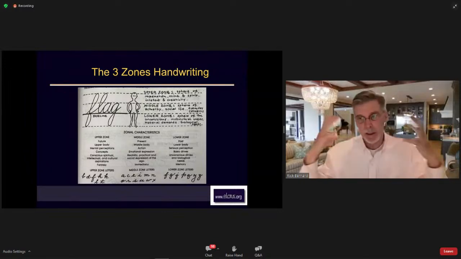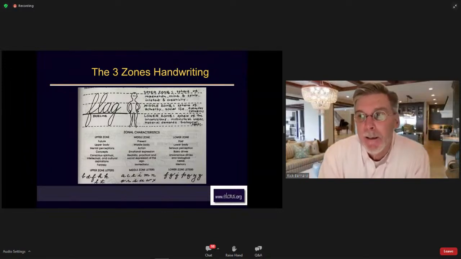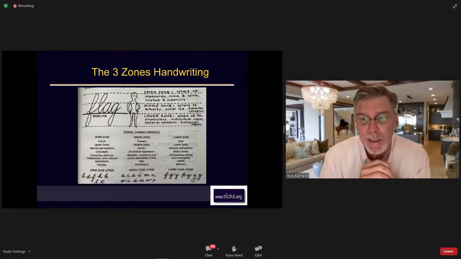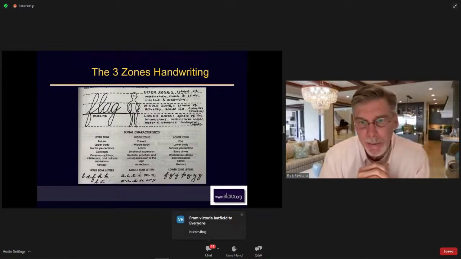So it's all mental stuff. Okay. The middle zone is more practical stuff, day-to-day stuff, what you have to do to accomplish those dreams that are in the upper zone. So taking care of dotting your I's and crossing your T's, just taking care of all the practical things you have to do.